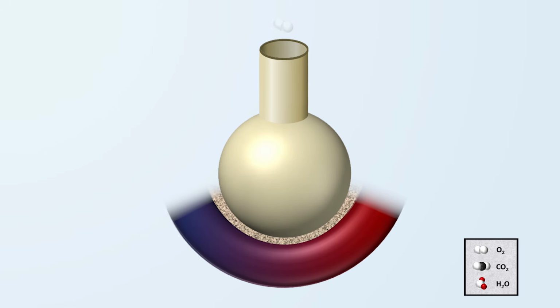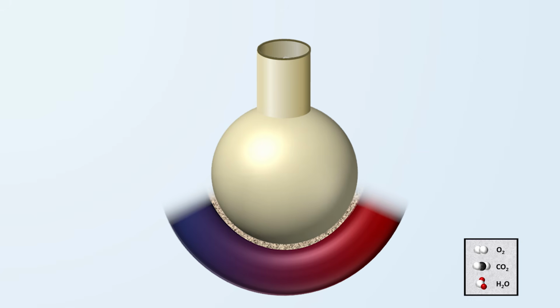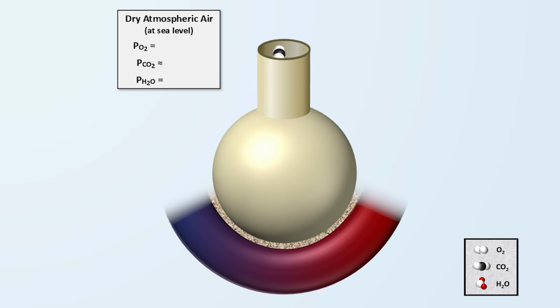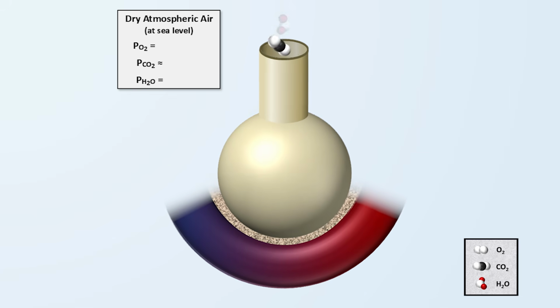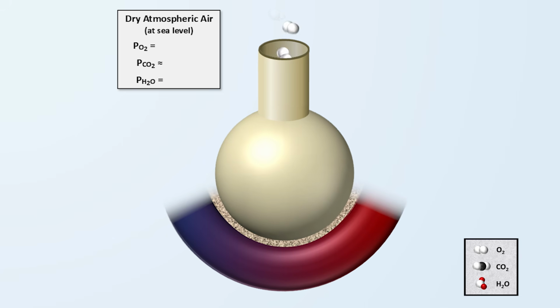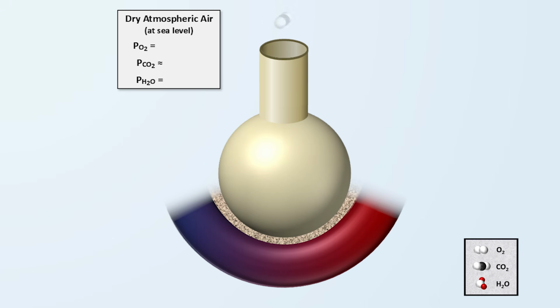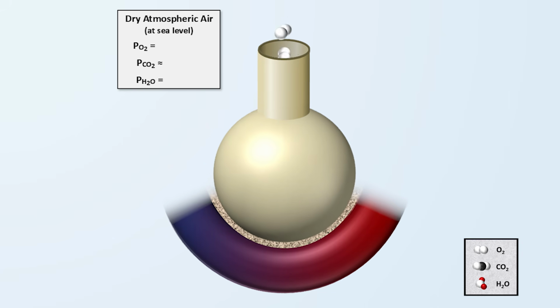As you may recall from high school science, the total pressure of a mixed gas is the sum of the partial pressures of the individual gases. At sea level, total atmospheric pressure is 760 millimeters of mercury. Of this 760, if the air is dry, that is, not humidified at all, the partial pressure of oxygen is 159 millimeters of mercury.